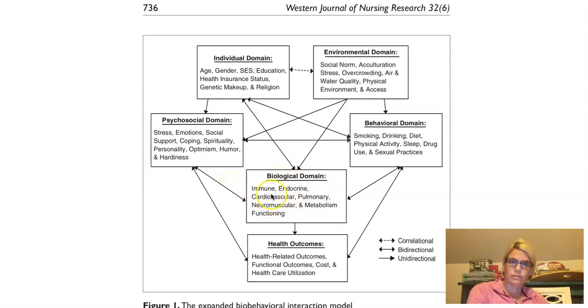Here there's also immune, endocrine, CV, pulmonary. For me, it was biomarkers of stress and inflammation that loneliness was thought to influence. And that ultimately influenced the health-related outcome of cognitive function.